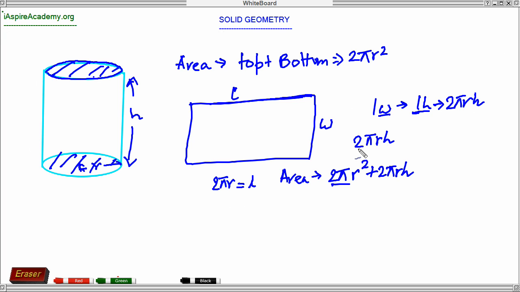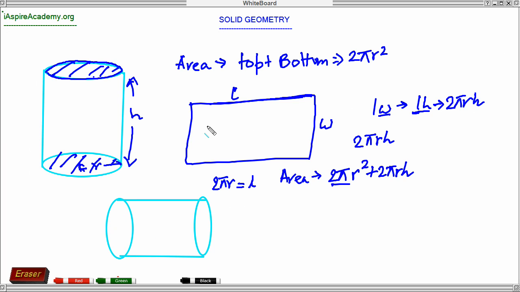Now cylinders can come in different types of shapes. Let's draw a few. So this is a vertical cylinder. Now you can be given a slanted cylinder, which is also the same cylinder, only it is horizontally placed.